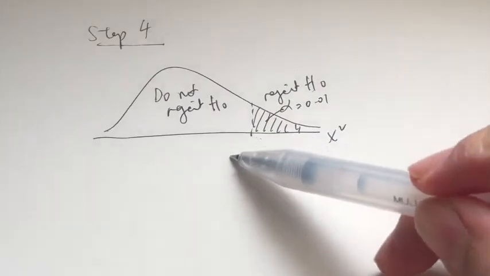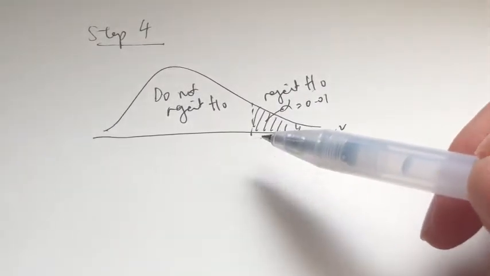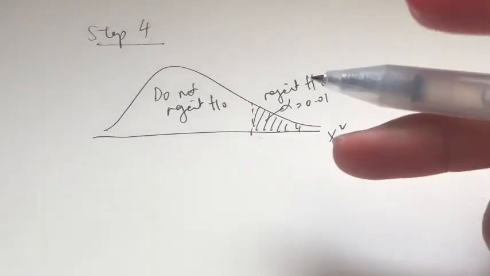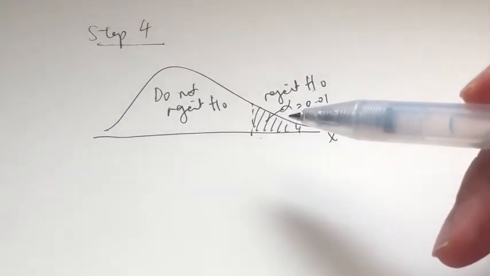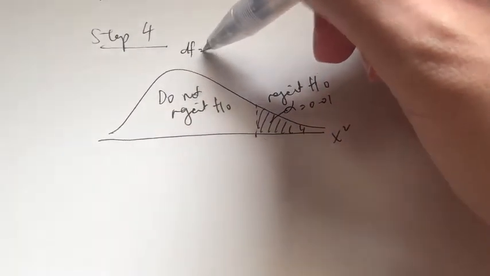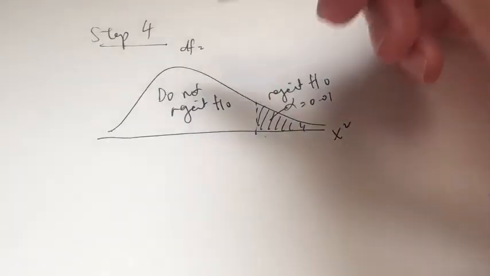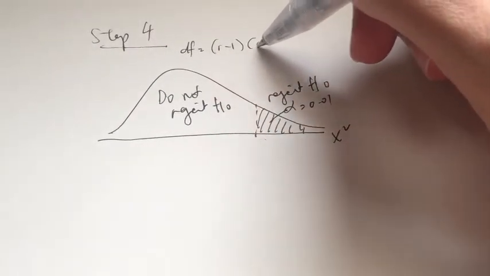Now let's find our critical value. For a critical value, we need two things: the alpha and the degrees of freedom. As I mentioned before, the degrees of freedom for a test of association is different: the total number of rows minus 1 multiplied by the total number of columns minus 1.